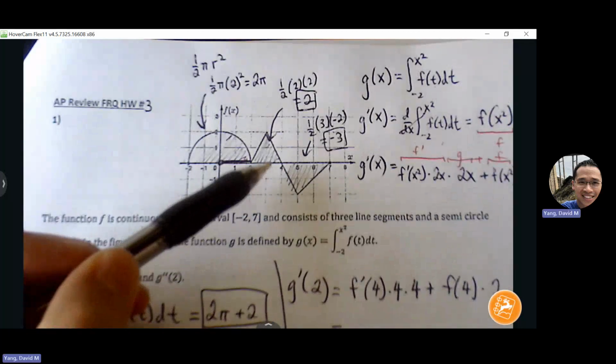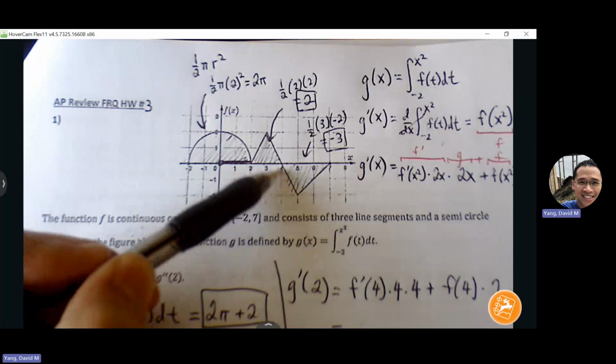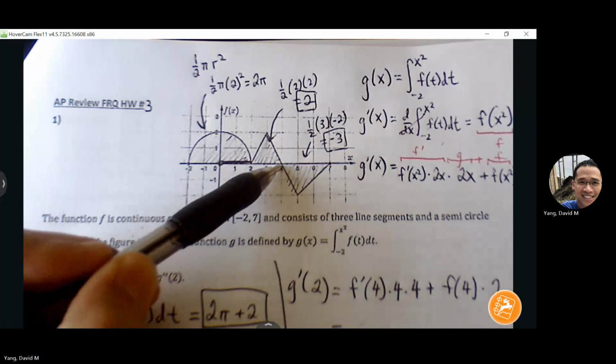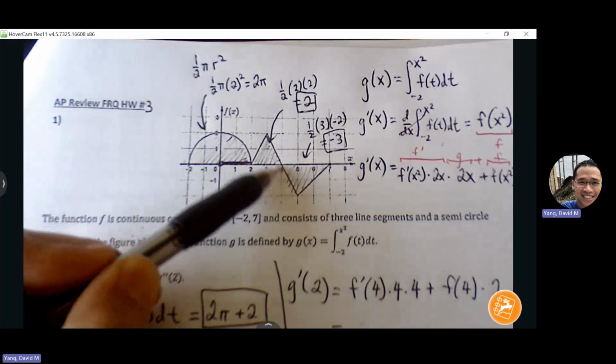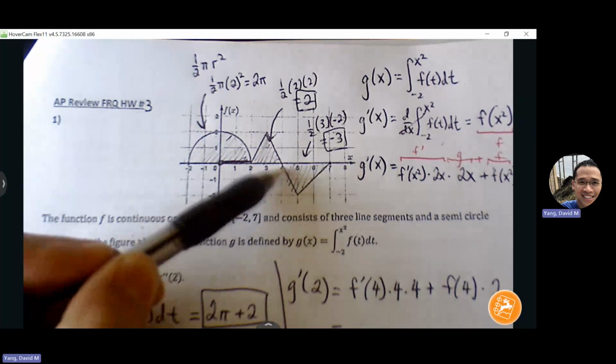That's the slope. So what's the slope of the f graph here? What's the slope of this line segment? Negative 2, yeah, down 2 over 1, negative 2.